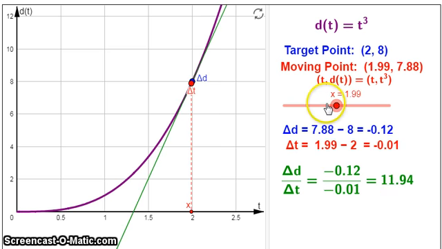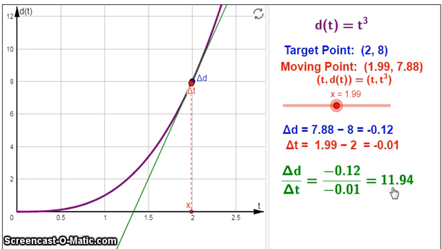If I move my second point just a little bit to the left of t equals 2, or to the negative side, I have a change in time of negative 0.01 and a corresponding change in distance of negative 0.12. The slope calculation down here then gives me 11.94. So as I go back and forth between 1.99, 2, and 2.01, watch what happens here.